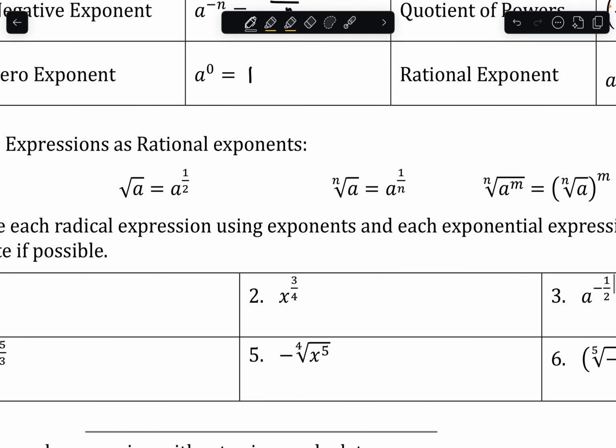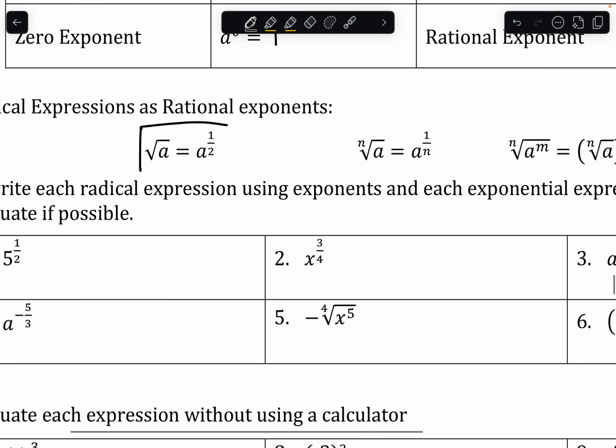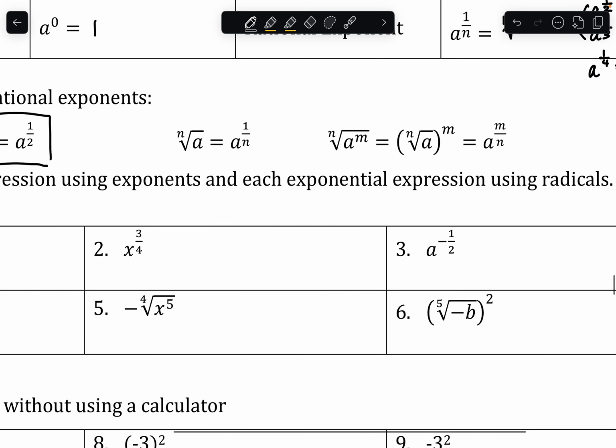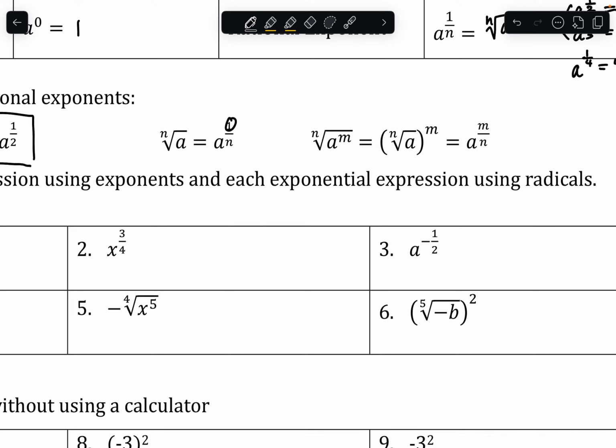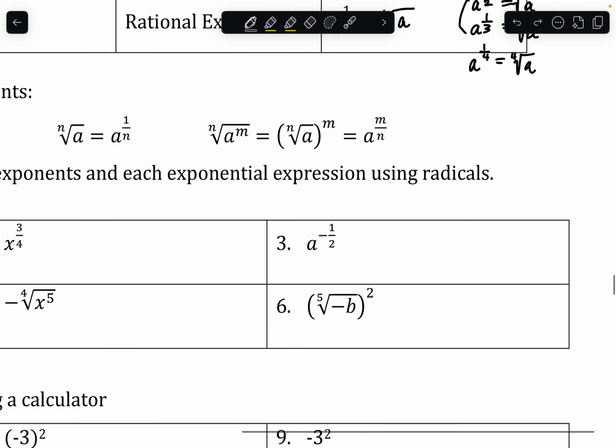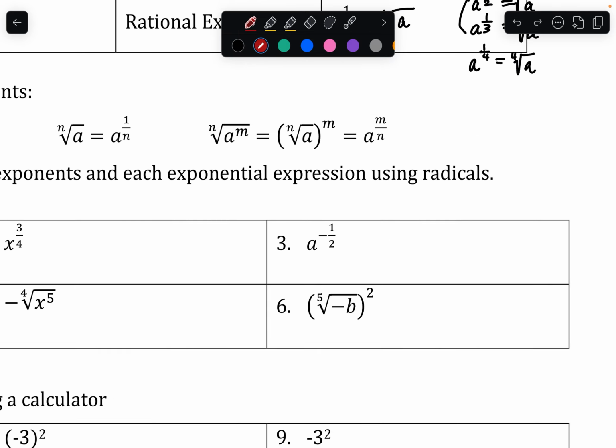Okay, and so here I have square root is a to the 1/2, nth root. And then in general, if you see something other than a 1, that number in the numerator is still the exponent. Okay, and so a way I remember this is that the top number is the power, and then the bottom number is the root.